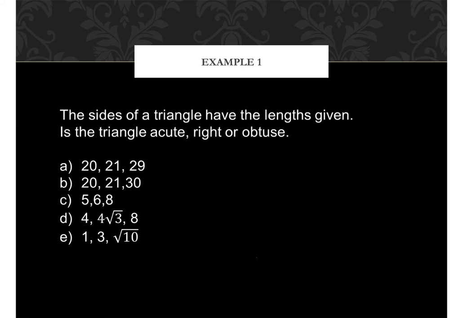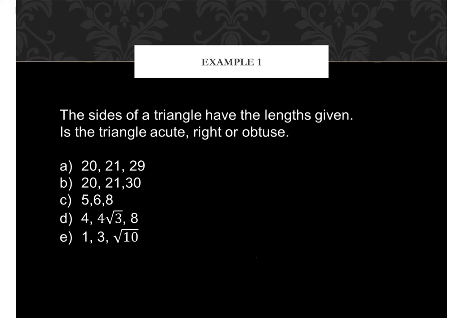We've got some examples. The sides of a triangle have the lengths given. Is the triangle acute, right, or obtuse, okay? So when we're given these types of problems, the first thing I want you to do is label an A, a B, and a C. Your C is always going to be your largest side.